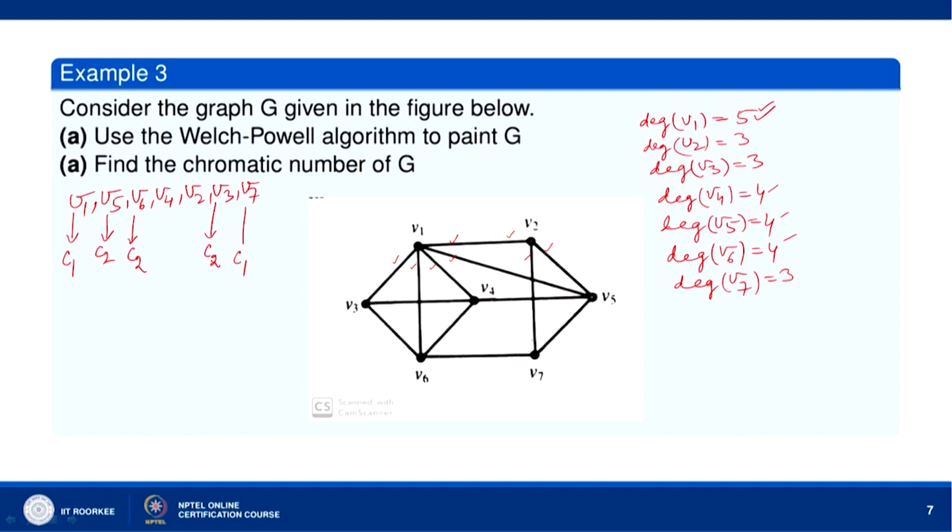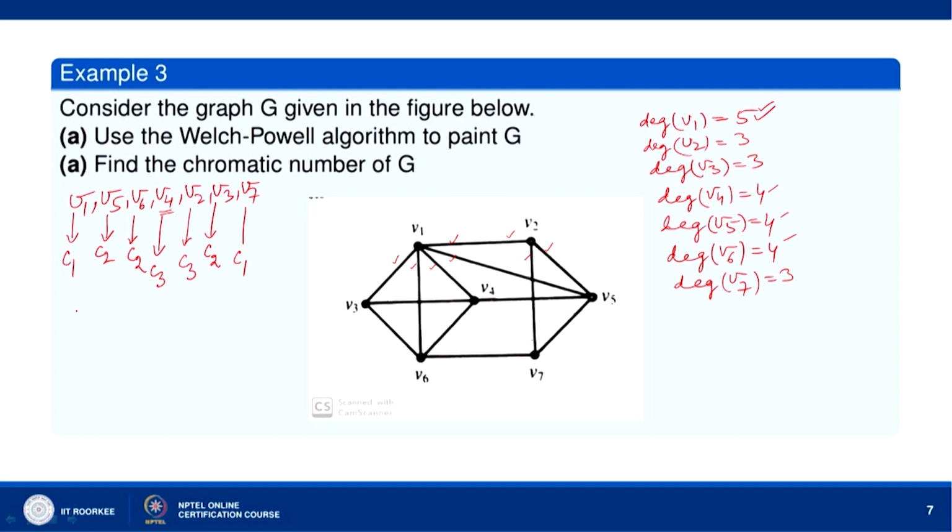Then we come to B4. We give color C3 to B4. Where is B2? B2 is here. B4 is not adjacent to B2, so B2 is also colored with C3.